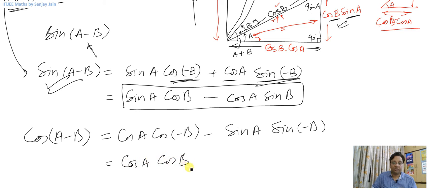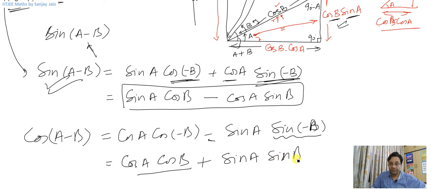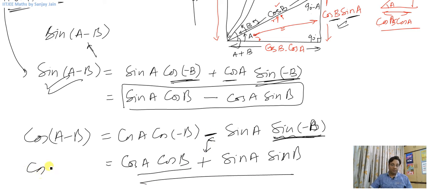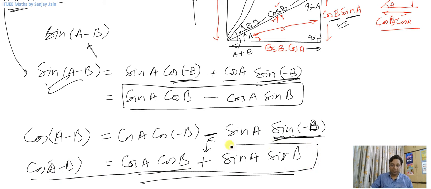So it will give me cos A cos B. And now see, sine of minus B will give me minus sine B. So this minus and the minus that will come out of it will become positive. So plus sine A sine B. Or in one step you can write it as minus sine B, then minus minus you can show as plus, then in the next step you will write this. So I have found cos A minus B equal to cos A cos B plus sine A sine B.